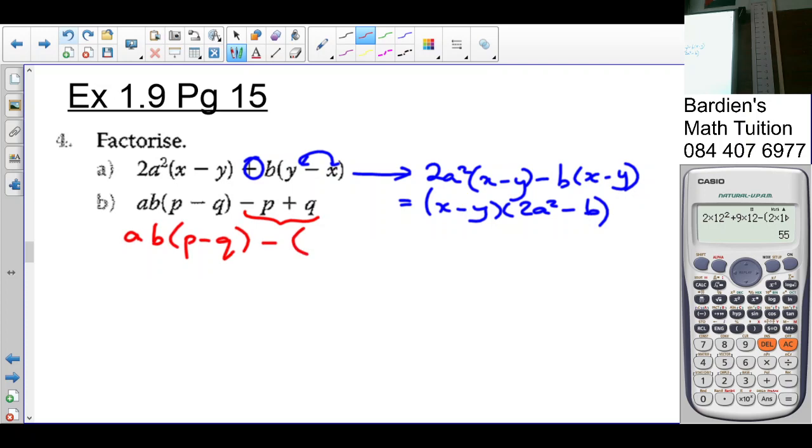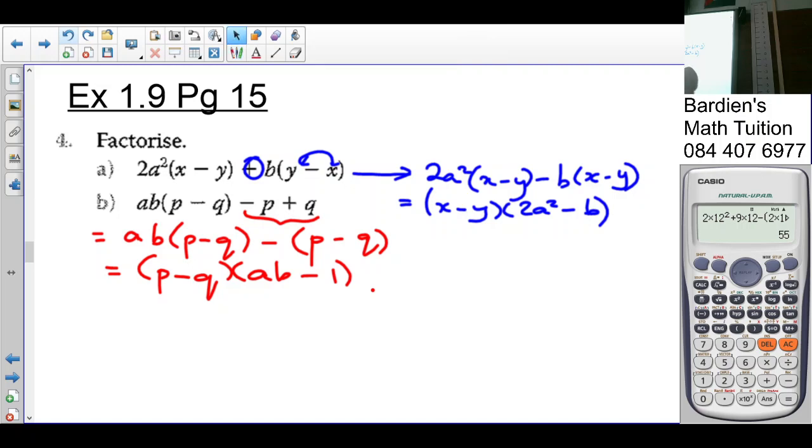And what am I left with? P minus q. So what do you notice now? Same common brackets, p minus q, and then I'm left with ab minus something. Does it make sense, Michael? Any other problems?